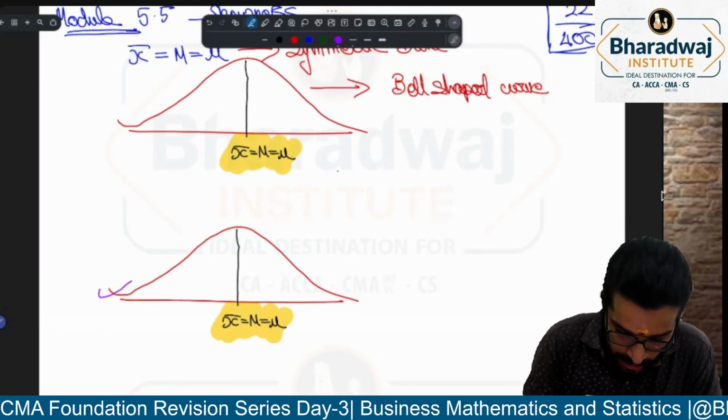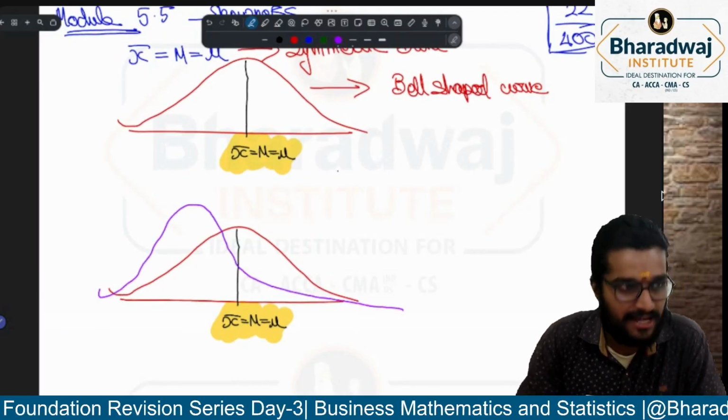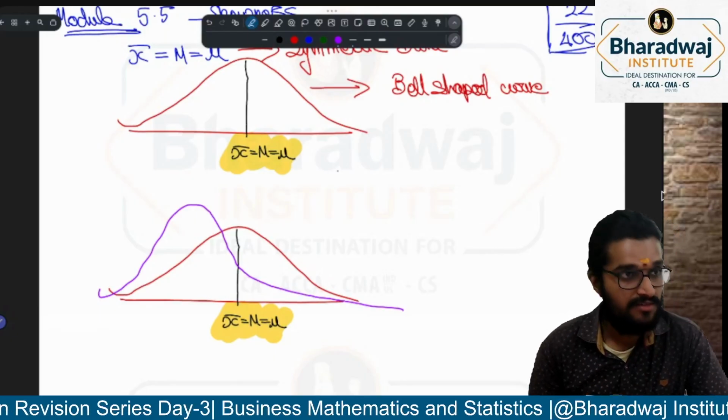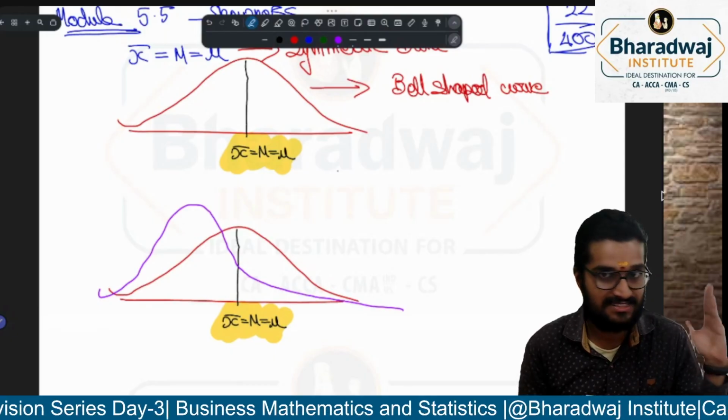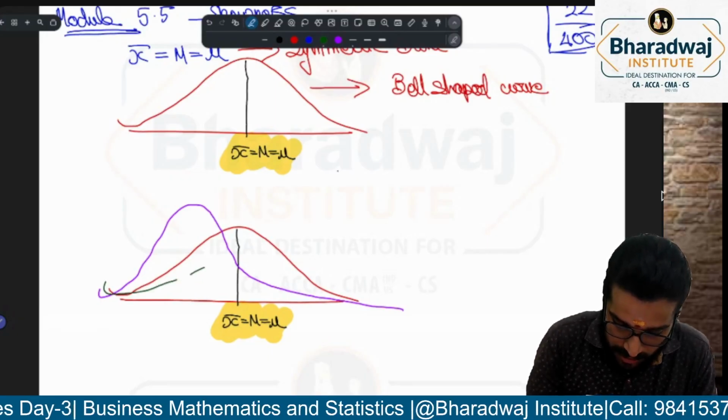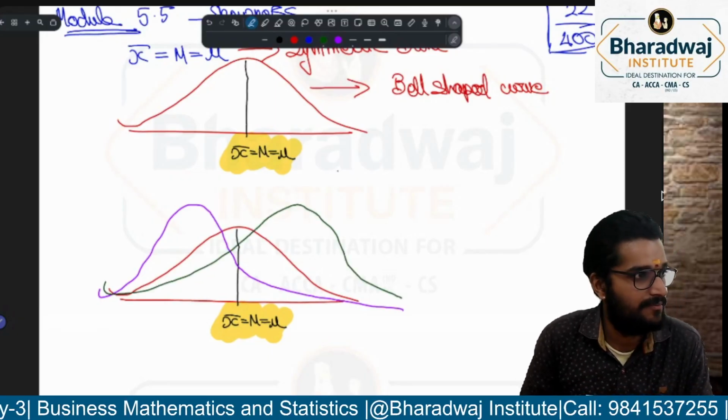Now I am plotting my data. This is the frequency curve of my data, which is shifted towards the left hand side, right? And I am having one more data which got shifted towards the right hand side.